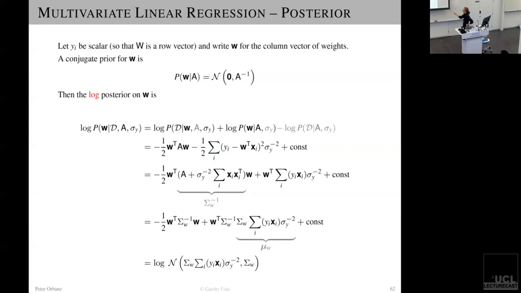So we get this A contribution, and then this contribution from the x's. We collect that up and write it like this. Then we get these two expressions, plus a constant. And then we can write that in this form, and these two cancel out. What we're left with is, we again choose this as a proper normalization. We get the log of a normal distribution that has this mean and this covariance here.